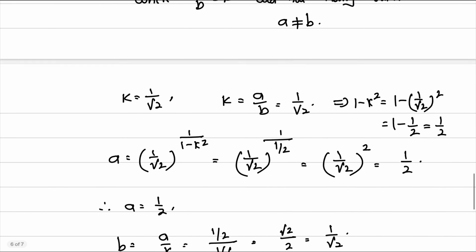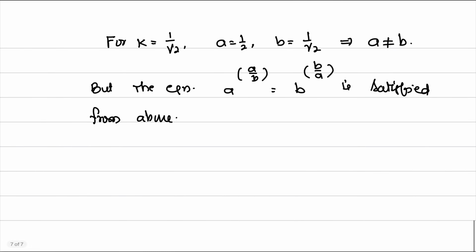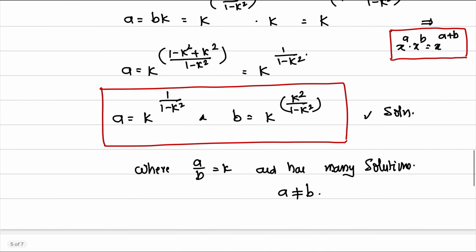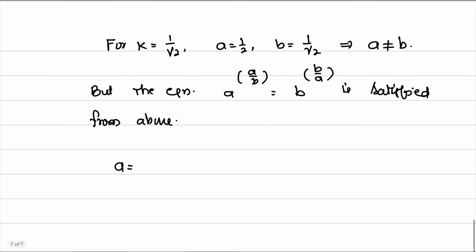The solution is final, the solution is a is equal to k to the power of 1 by 1 minus k square and b is equal to k to the power of k square by 1 minus k square.